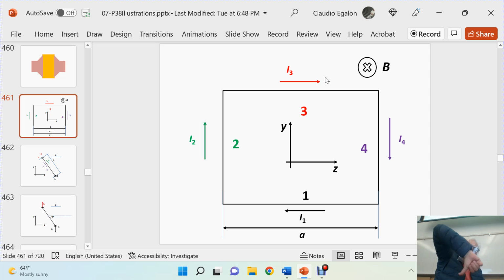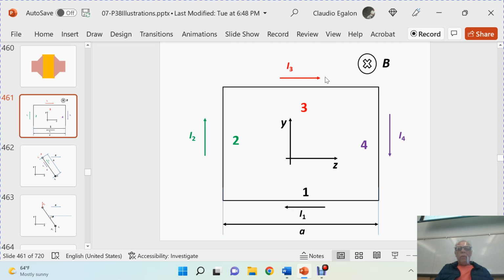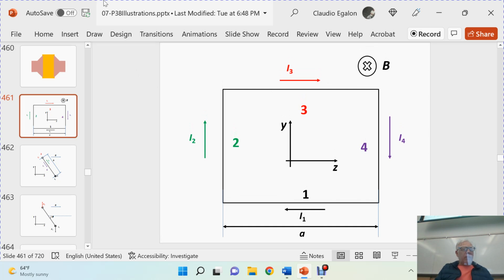I4 cross B to the right, I2 to the left. In this case it's gonna be 0. If you have the loop flat in a surface perpendicular to the magnetic field, the net force is gonna be 0 in the loop.